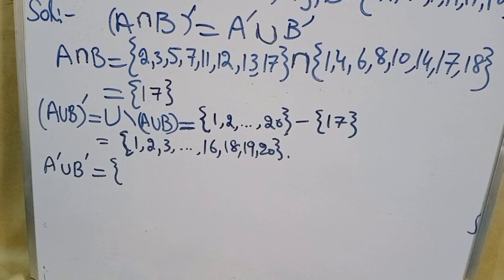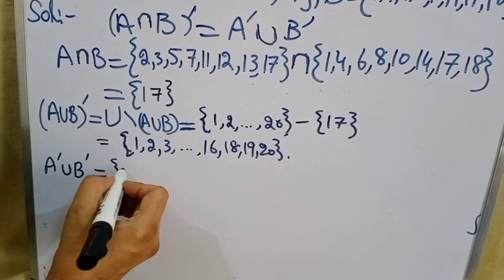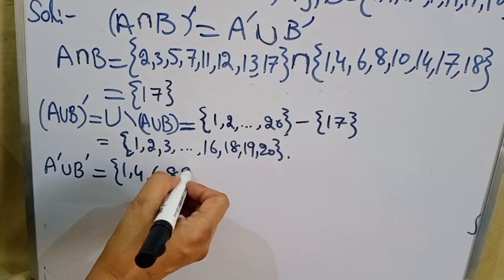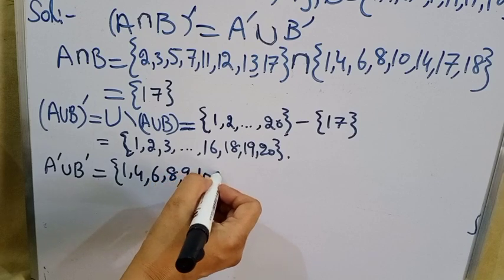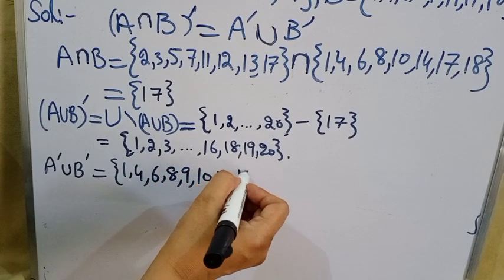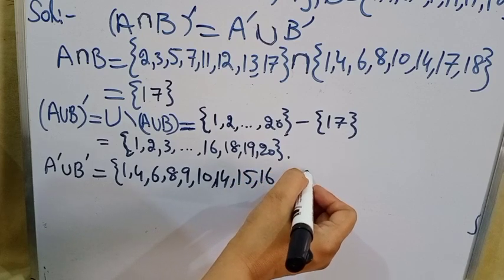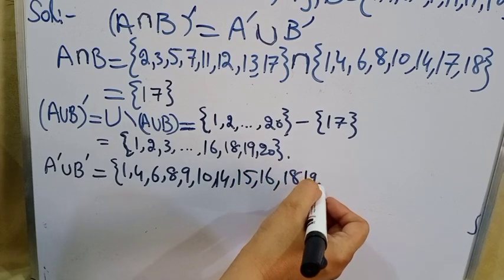A complement has elements 1, 4, 6, 8, 9, 10, 14, 15, 16, 18, 19 and 20.